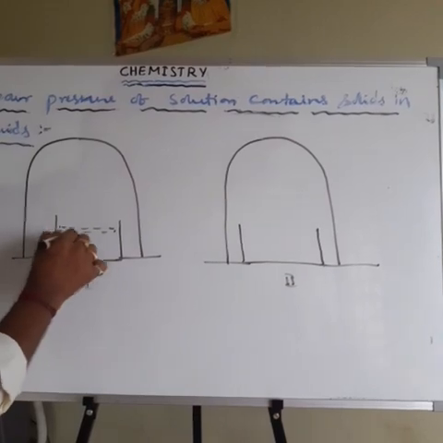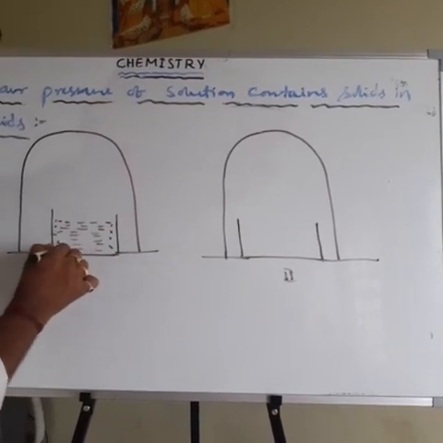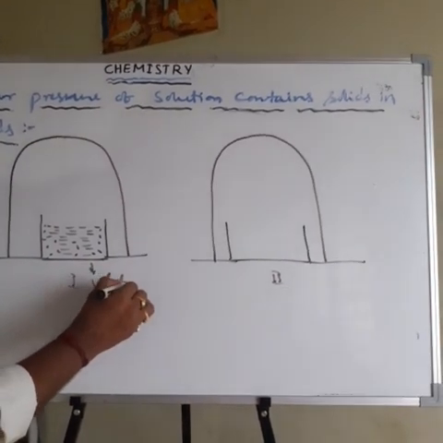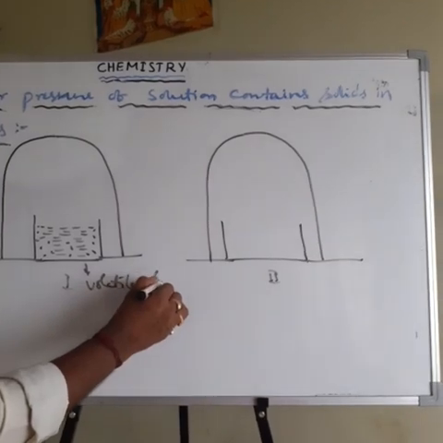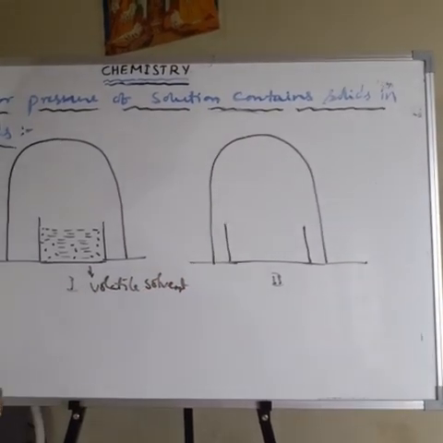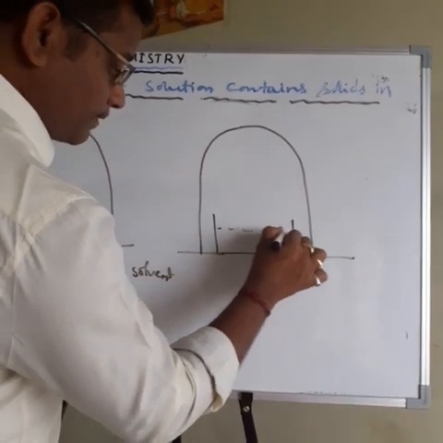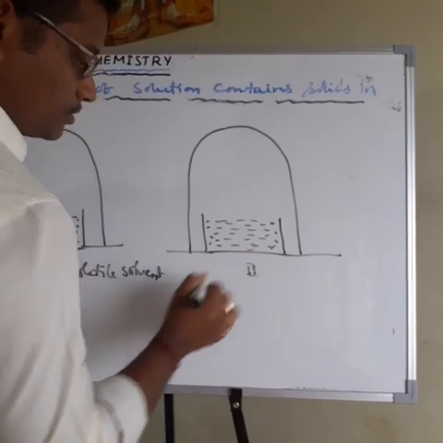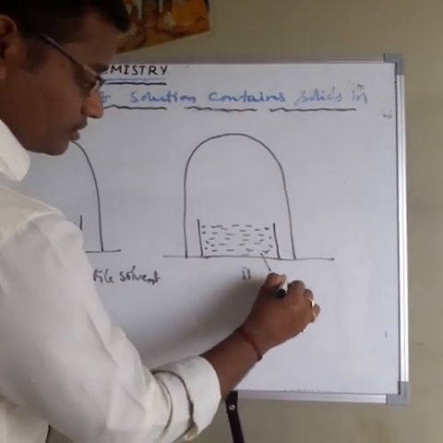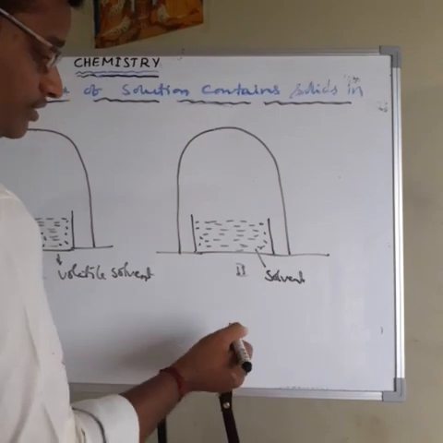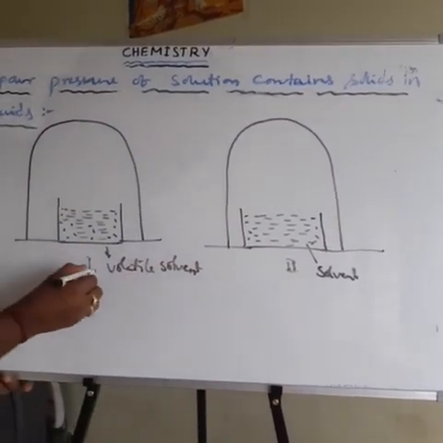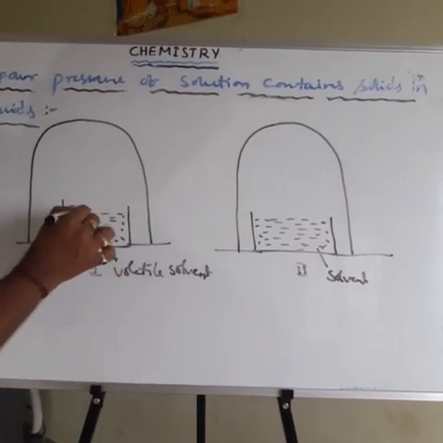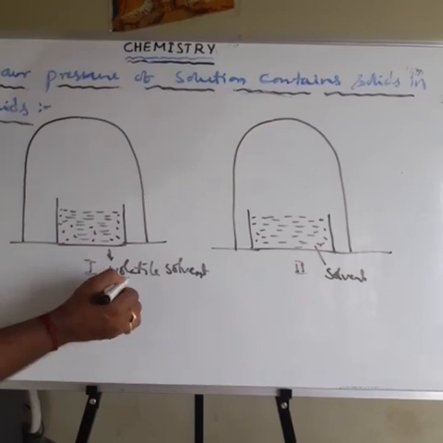This is a pure volatile solvent, and the second one is also a pure volatile solvent. Now see the first bowl: a pure solvent is taken in this bowl.